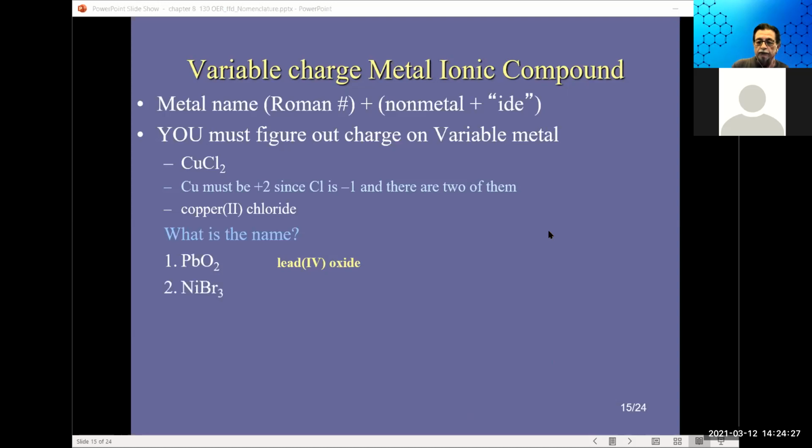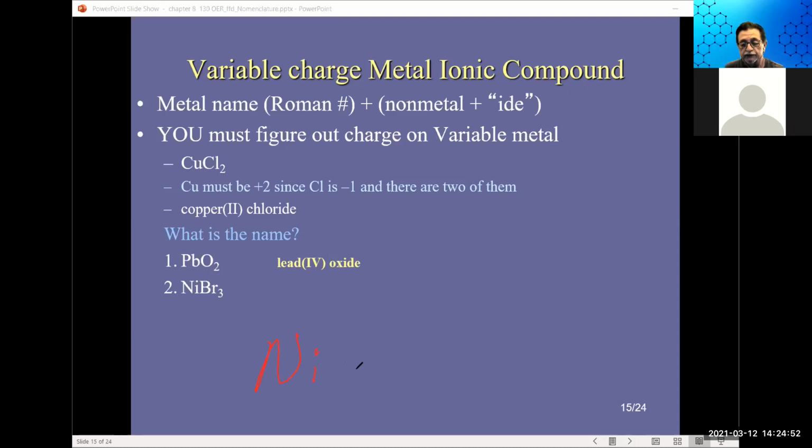Okay, nickel and the bromide. Nickel and lead and copper are not part of the 16, so we have to use Roman numerals. But to find out which oxidation state it is, we need to calculate and figure it out based on the formula that they're in. And so we have nickel here again.